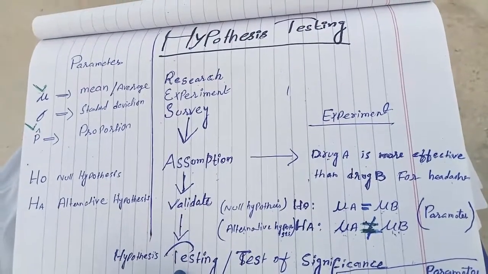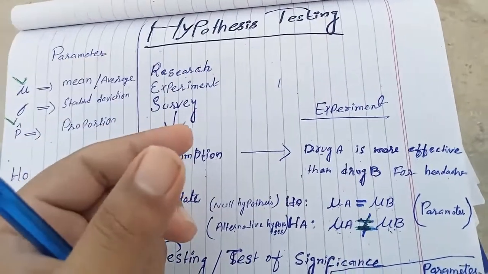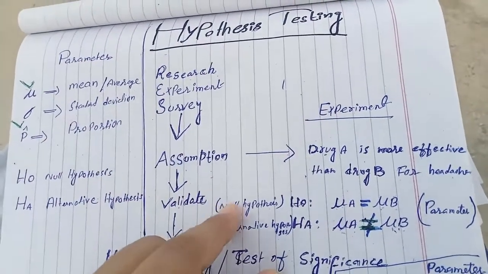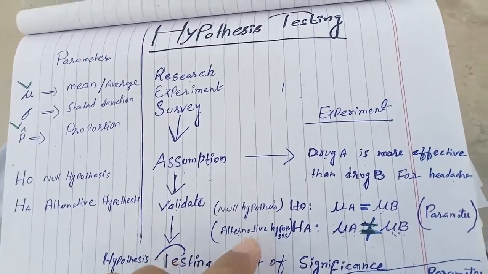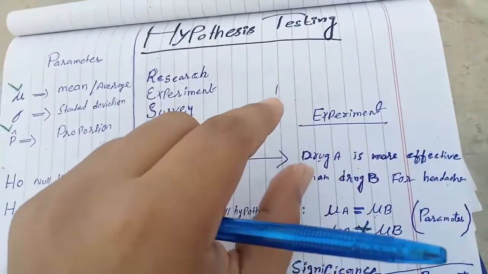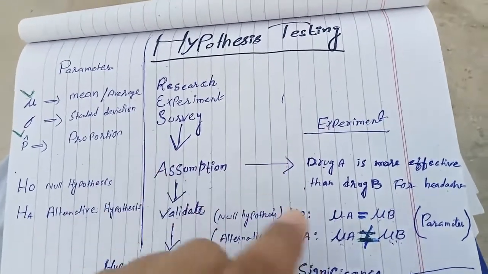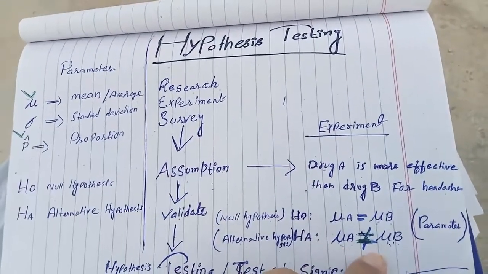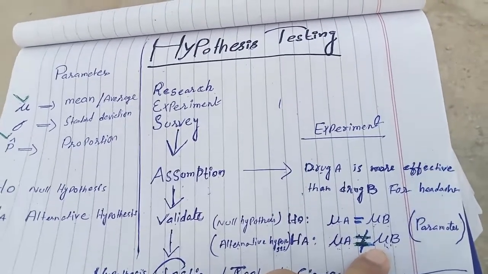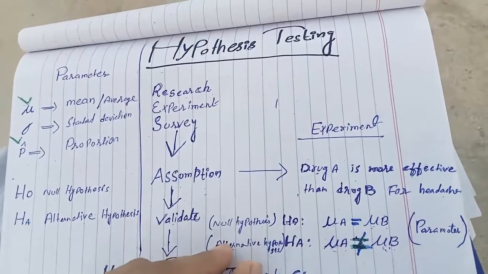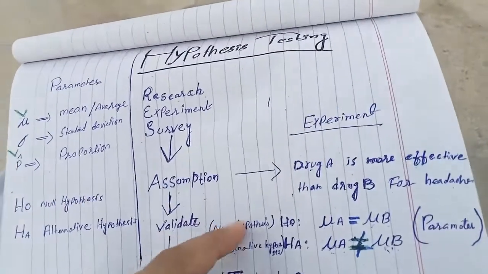When we do hypothesis testing, we state the hypotheses. One is known as the alternative, and the second is known as the null hypothesis. The alternative hypothesis is the assumption made by the experiment: the average person cured by drug A is not equal to the average person cured by drug B. When we make the alternative hypothesis, which is also known as HA, we also make a null hypothesis.